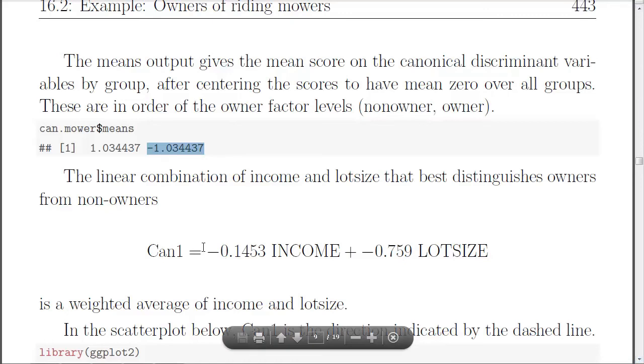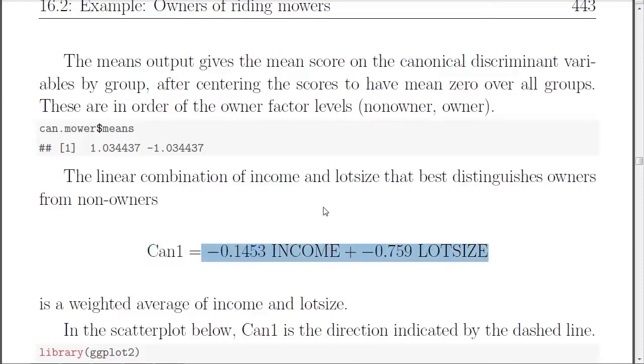Because these two coefficients are negative, as you increase canonical direction 1, you have to decrease income and decrease lot size. So as canonical direction 1 increases, both of these things are getting smaller, and that means people with less income and smaller lot sizes.